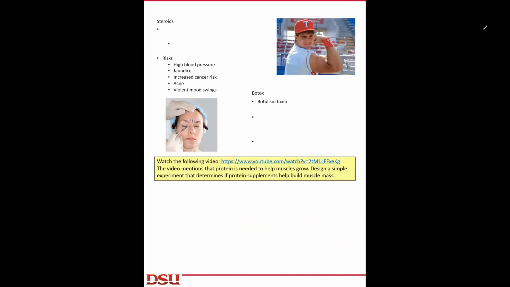Steroids. Let's go over those, shall we? So steroids, at least the type that we're going to be talking about, are anabolic. That's what's being shown here. Anabolic steroids are essentially synthetic testosterone.